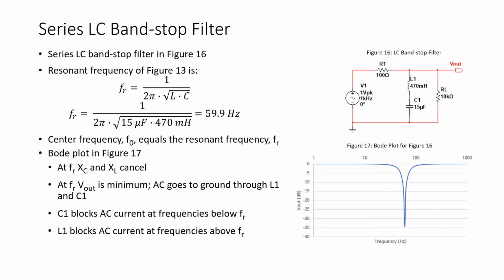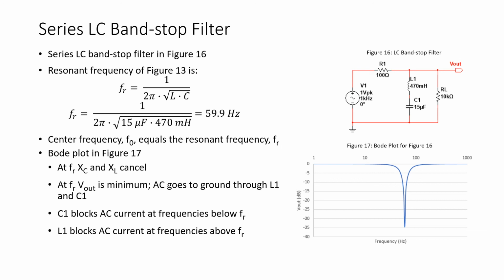So in this presentation, we first of all defined impedance as the opposition to alternating current. It's a combination of resistance and reactance. Then we looked at implementing low and high pass filters with RC combinations. We looked at implementing low and high pass filters with RL combinations.